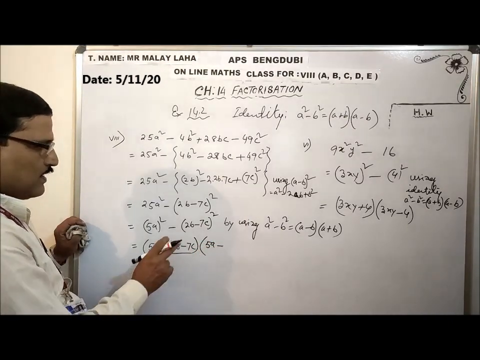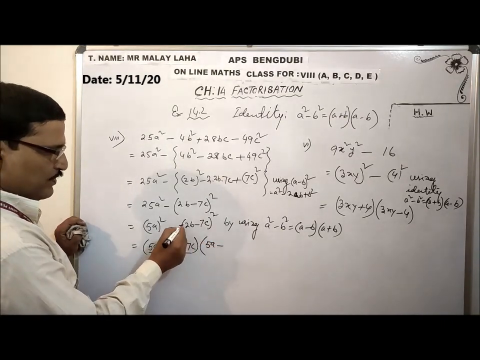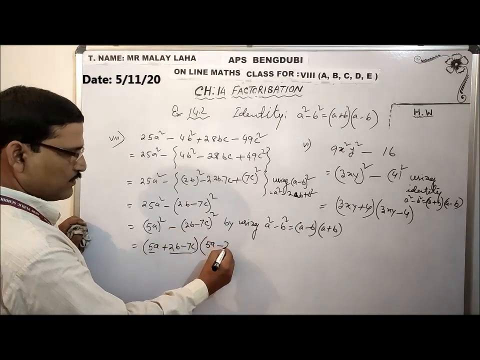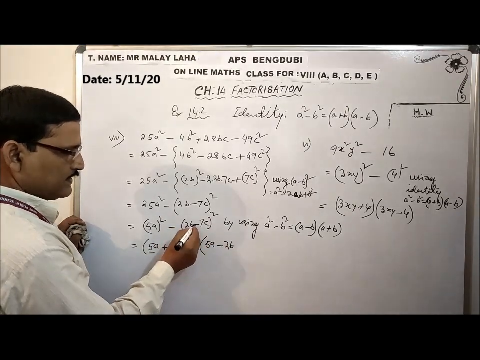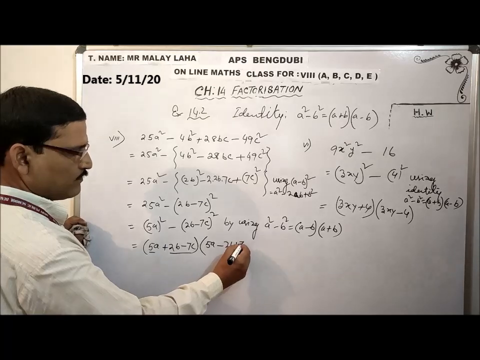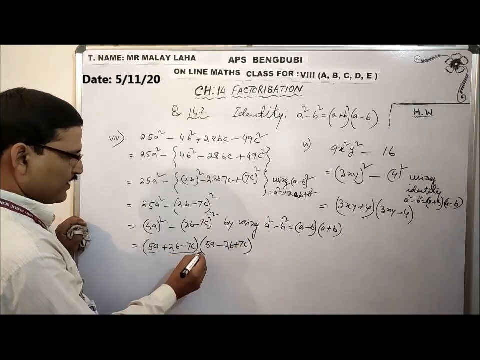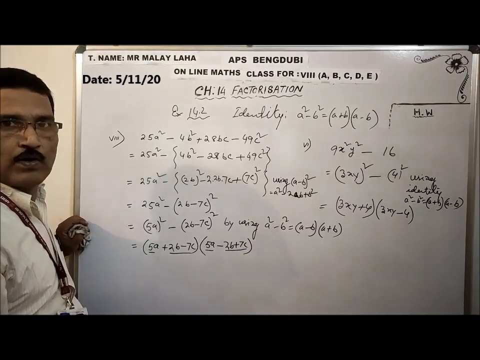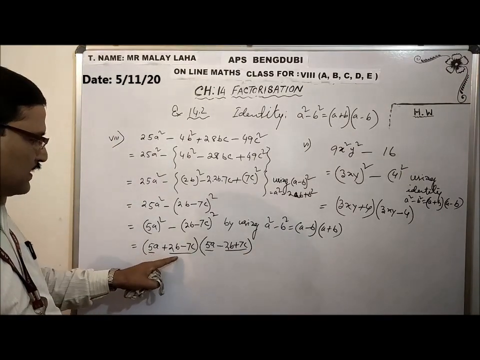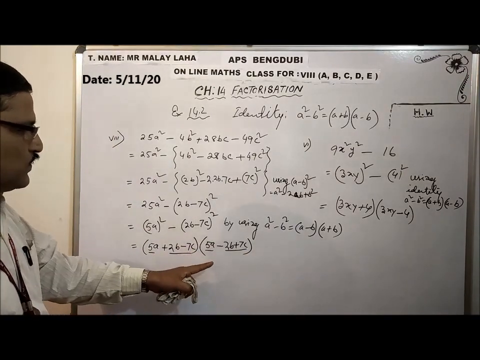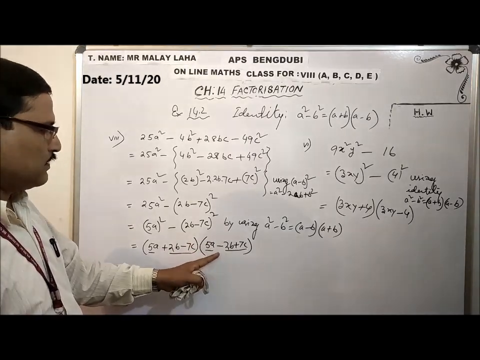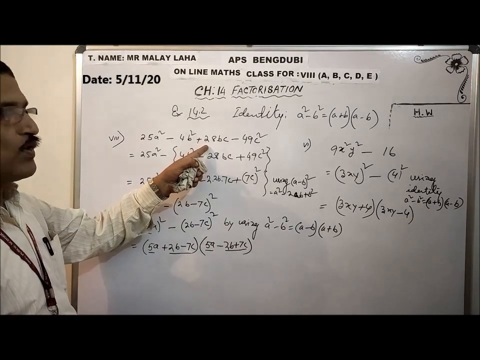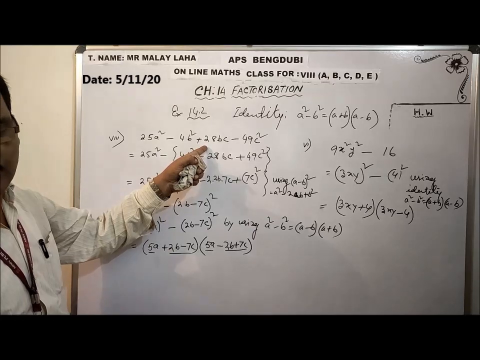Now the changes: minus sign is there. So b was positive, so it is converted into negative. Then this negative will convert into positive. Understood? So this is the factorization of this quadrinomial expression.